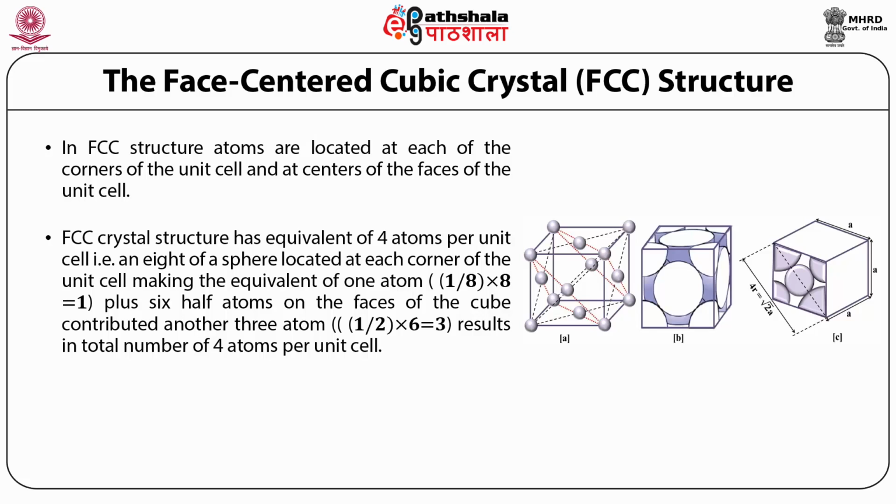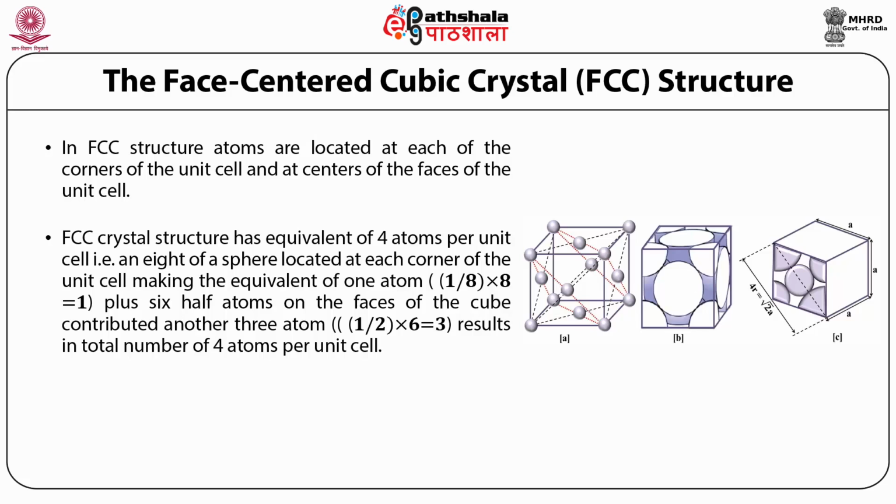In the FCC unit cell, face-centered and corner atoms contact each other across the cubic face diagonal, as evident from figure C. Hence, in the FCC unit cell, the length of the cube a and atomic radius R are related through the following equation. That is, a is equal to 4r by root 2.